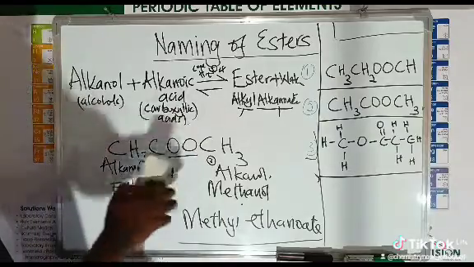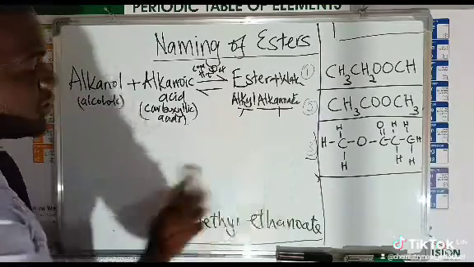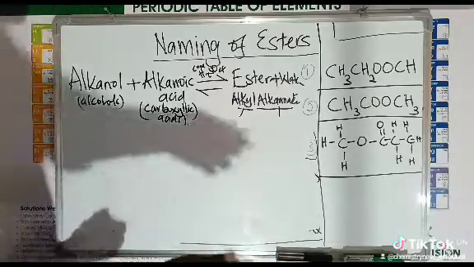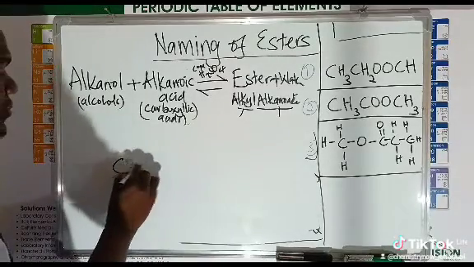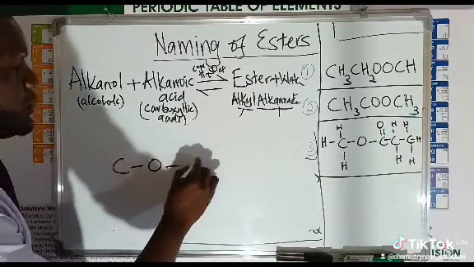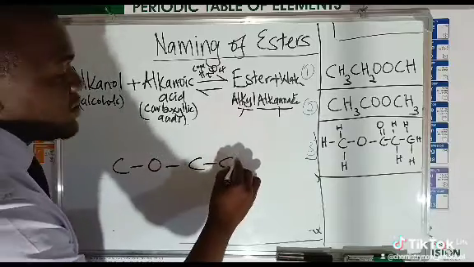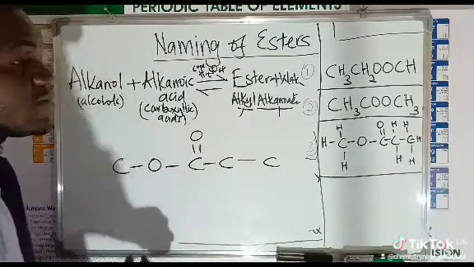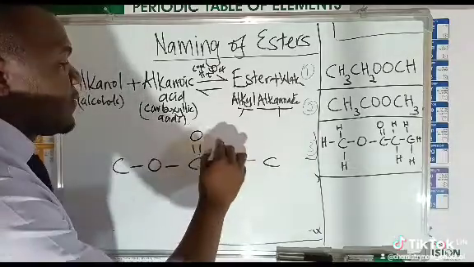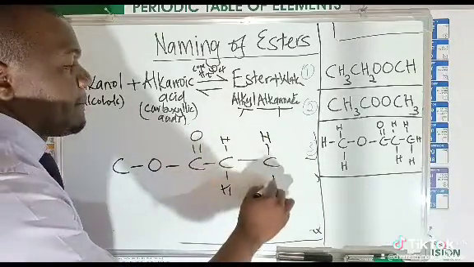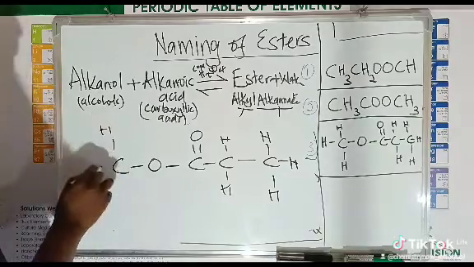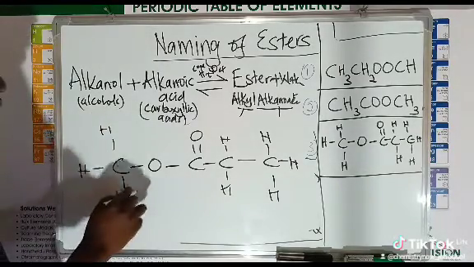Now, the last question is given using a structural formula. Now, this is a problem. See, carbon, then it has 3 carbon atoms on this end, and then we have that one, hydrogen, like that. In this case, this one is easy.